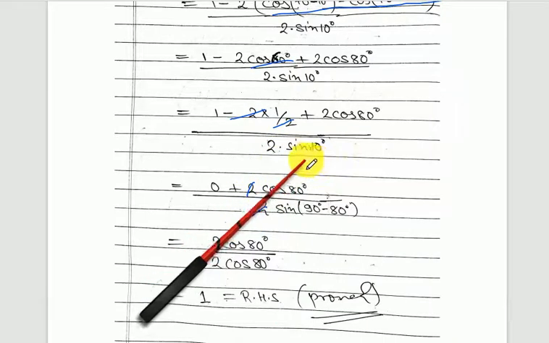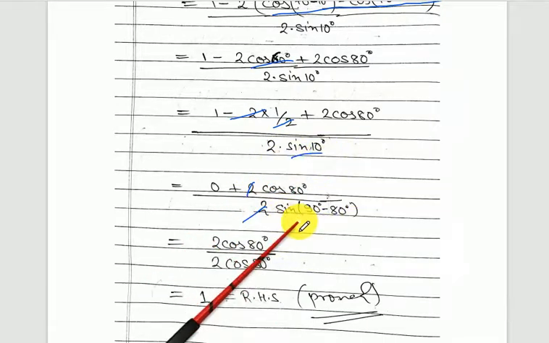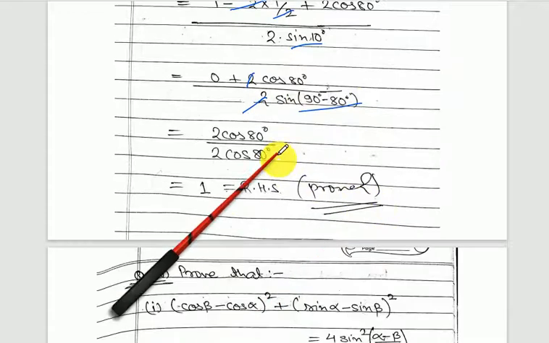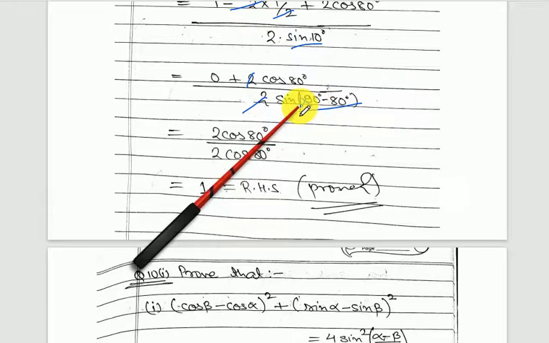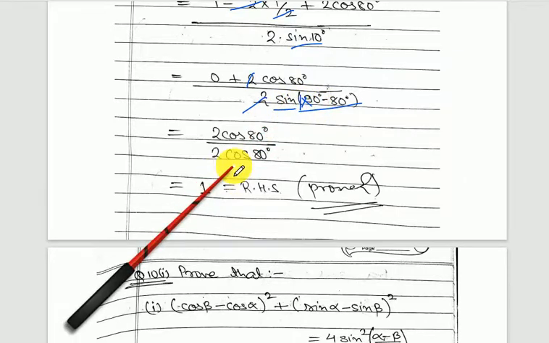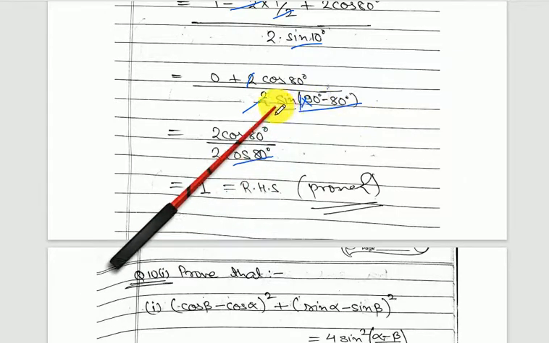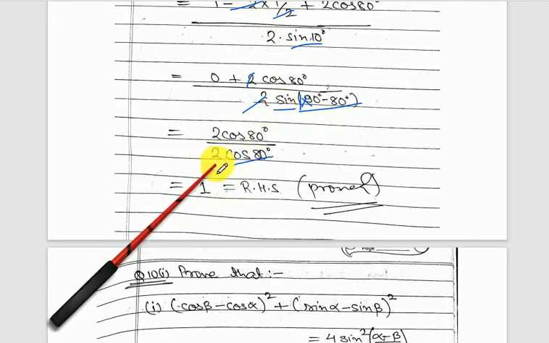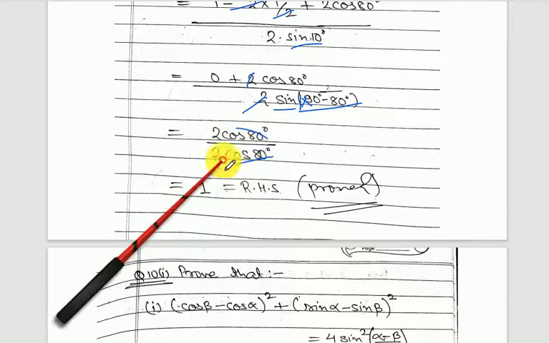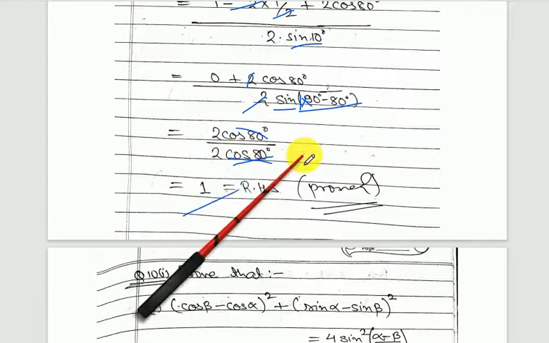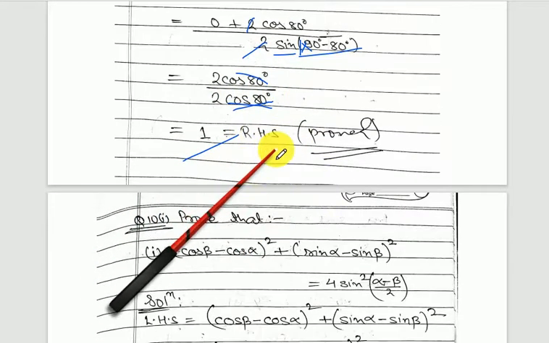And this sin 10 can be written as sin 90 minus 80, and this would become, 1 into 90, so sin will become cos. And this is in the first quadrant and sin is positive, so you will get plus only. Cos 80, so cos 80 cancel, you are left with 1. So this is your right hand side.